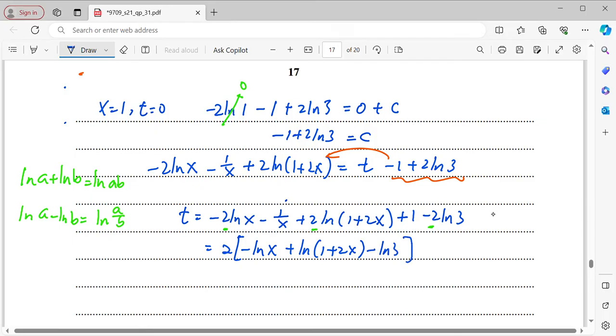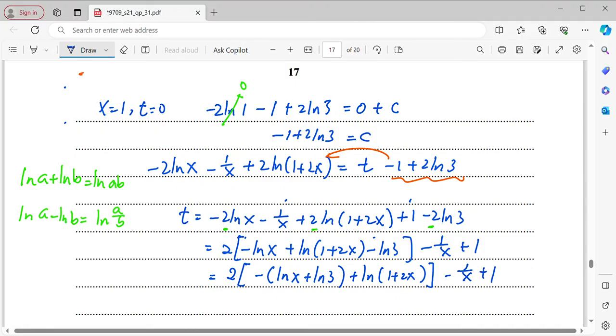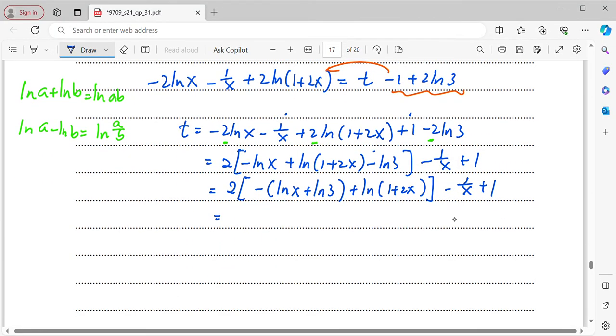After that, the remaining terms will be minus 1 over x plus 1. Then these two minus can be combined first. Then negative combined with the plus, therefore it's times ln 3x.